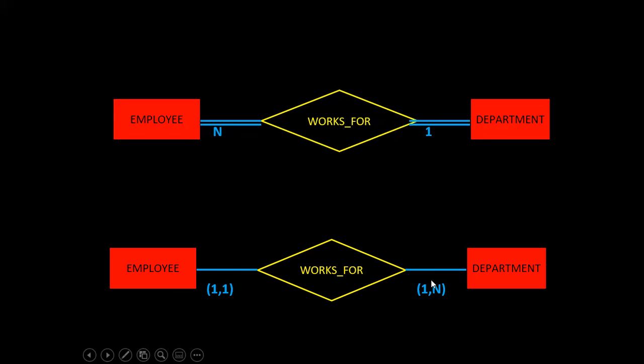In the same way, the max value between works for and department is extracted from the opposite side, that is employee and works for. Between employee and works for, I have cardinality constraint n, which I copy as max between works for and department. So this is a simple example where we have converted cardinality and participation constraint representation using the min-max method.